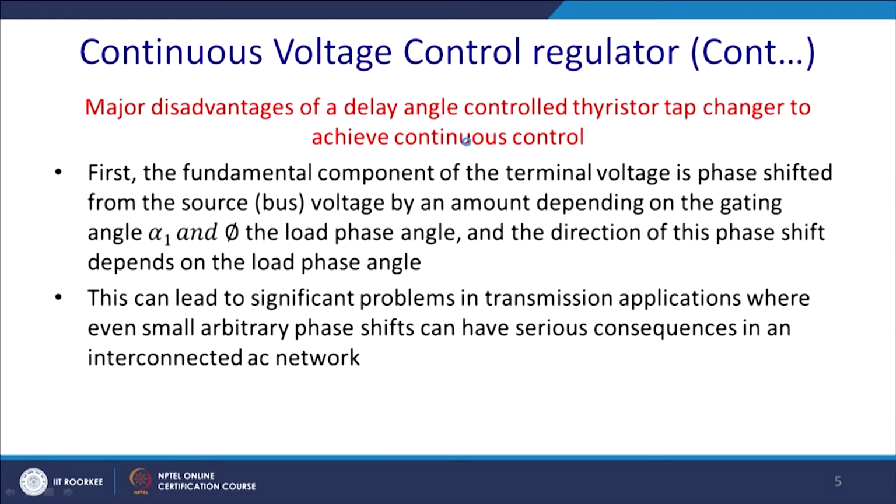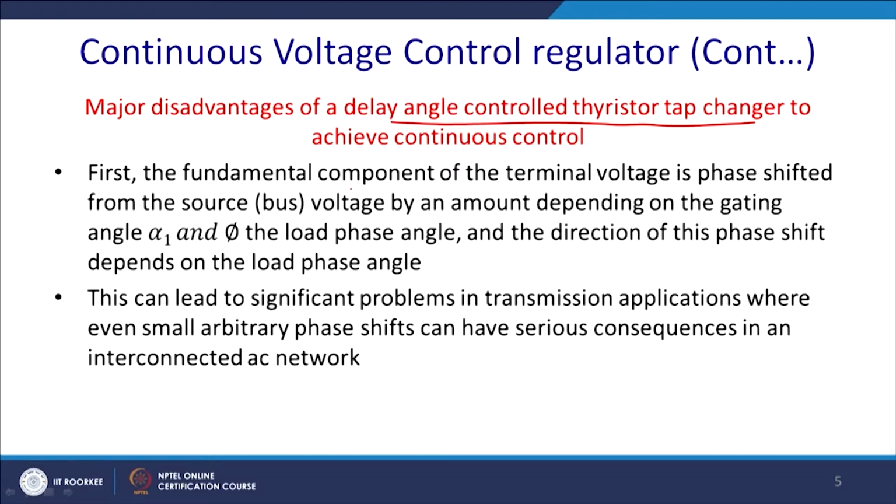Continuous voltage control regulation: the major disadvantage of the delay angle control of the thyristor tap changer is harmonics. It injects harmonics, and for this we go towards the continuous angle control method.